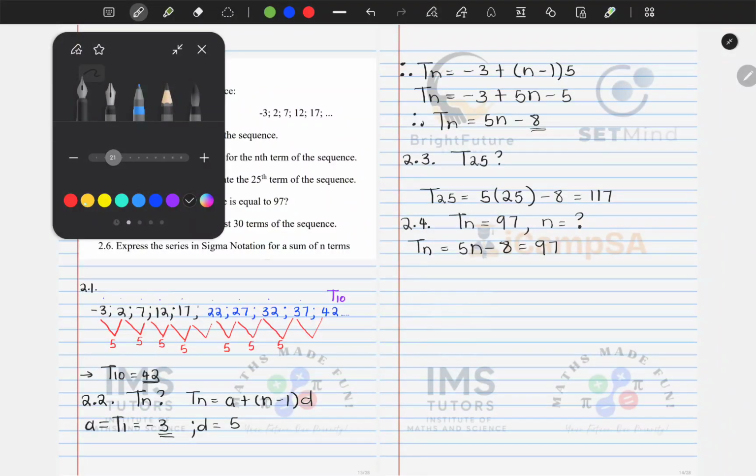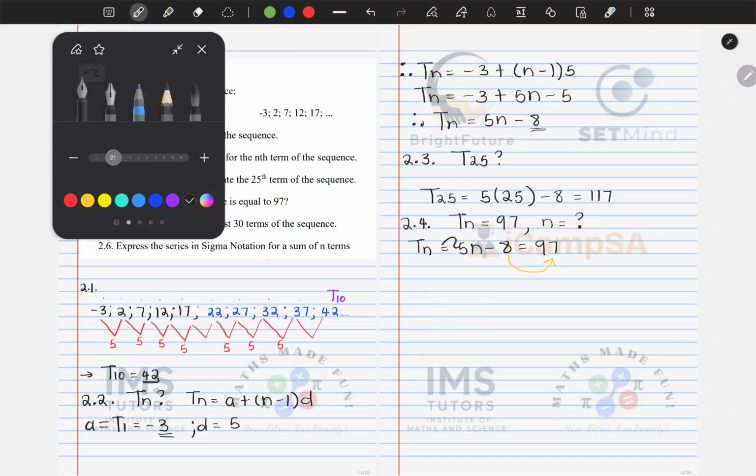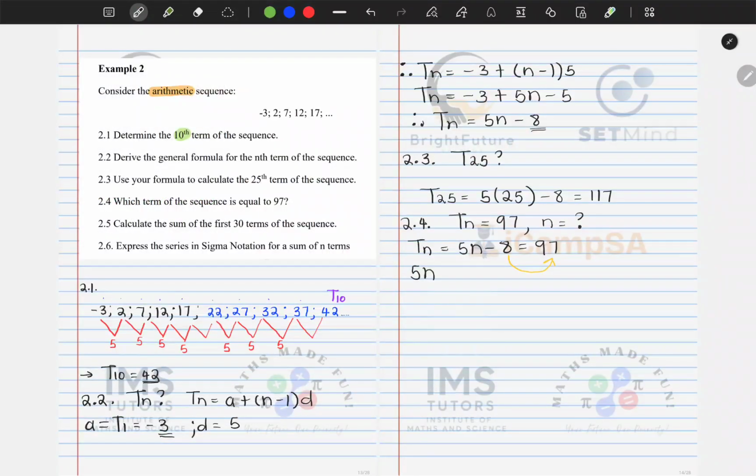And because we are solving for n, we can just transpose this 8 to the other side, such that we end up having 5n equals 97 plus 8, and that gives us 105. So we are now in a position to go and find n, because it will just be 105 divided by 5. And the answer which we should find, you will see it will be 21.